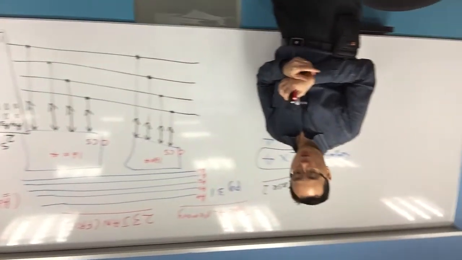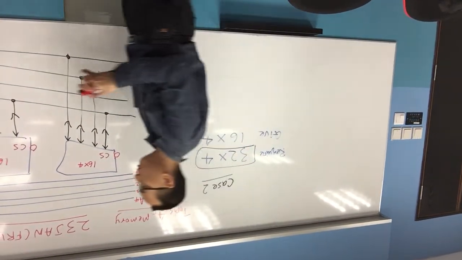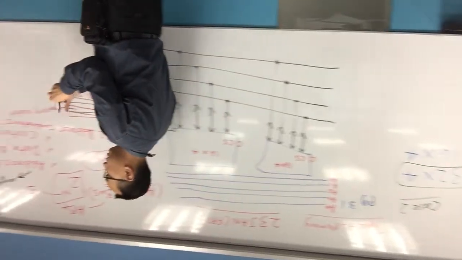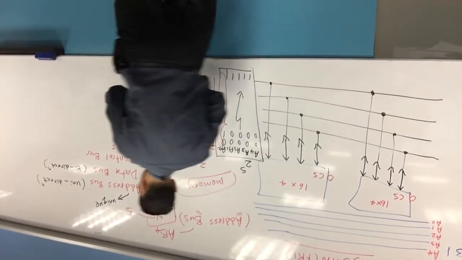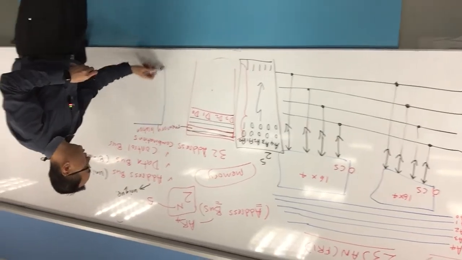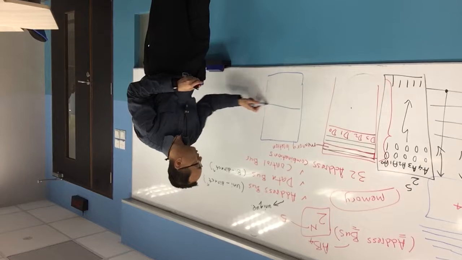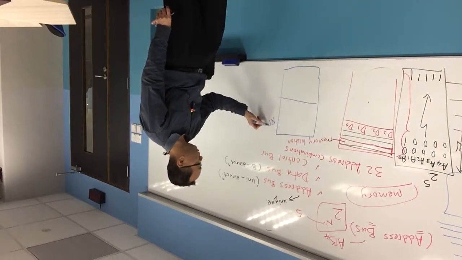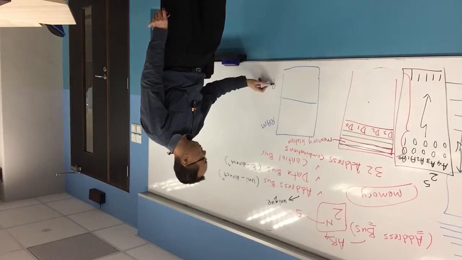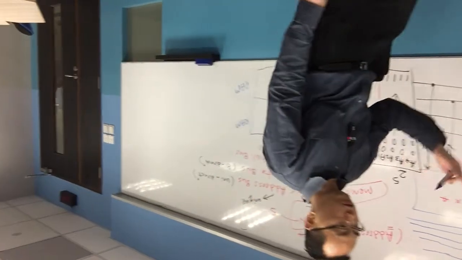How do I break it into 2, 16 and another 16? That's what I'm trying to drive at. So this memory map has to be sliced into half, with each RAM chip taking half.